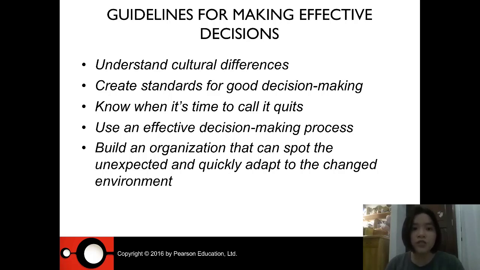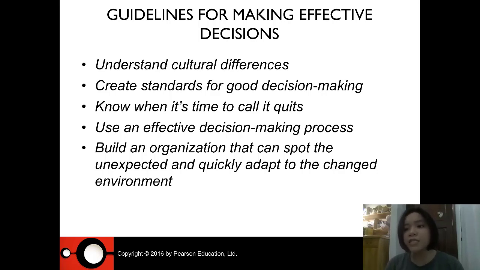What do managers need to do to make effective decisions in today's fast-moving world? First, we're going to take a look at some suggested guidelines, and then we're going to discuss an interesting new line of thinking called design thinking.